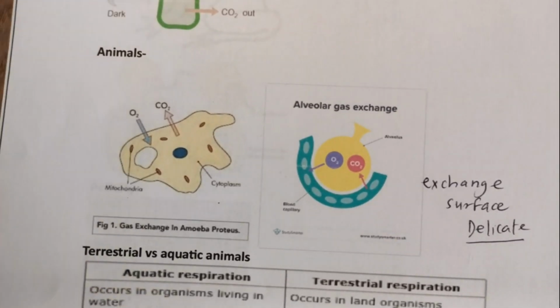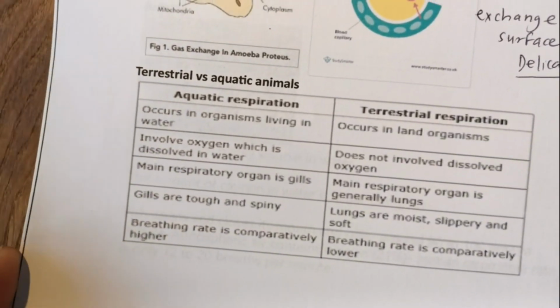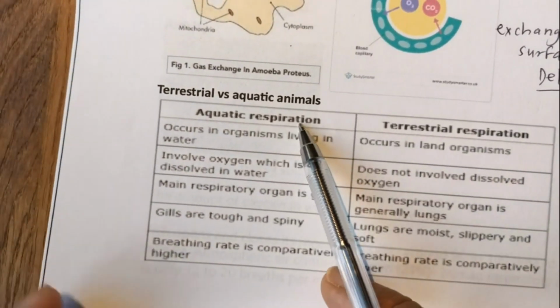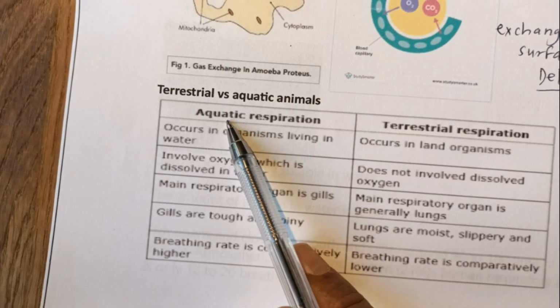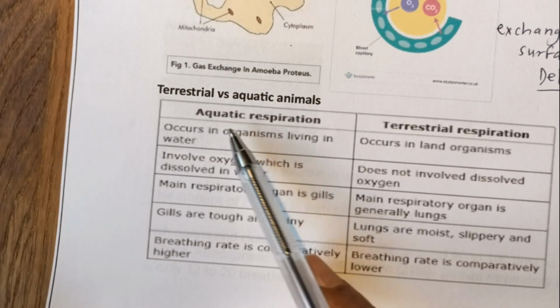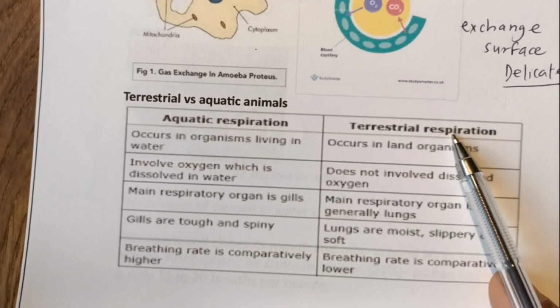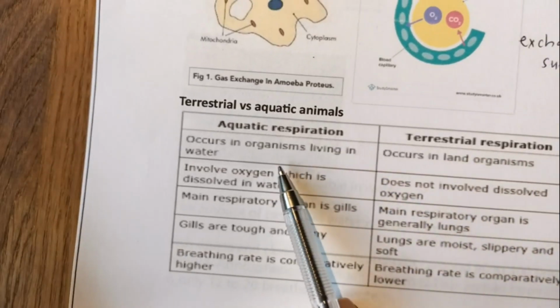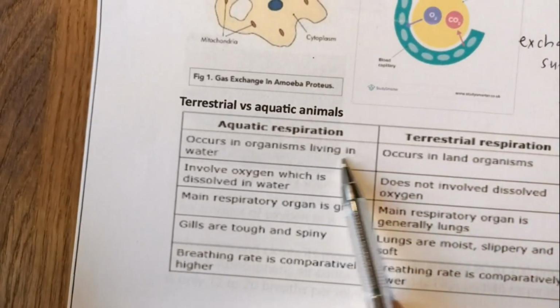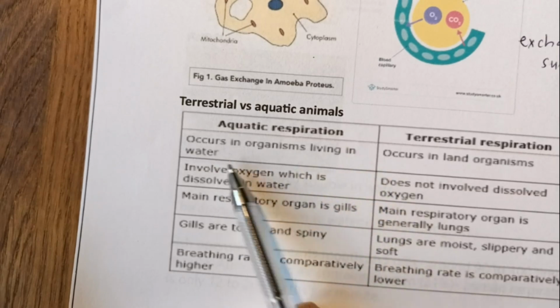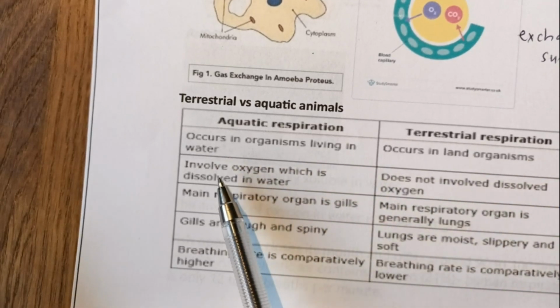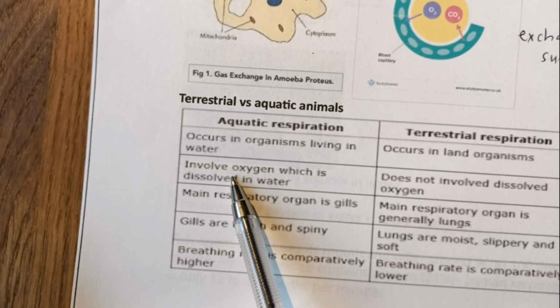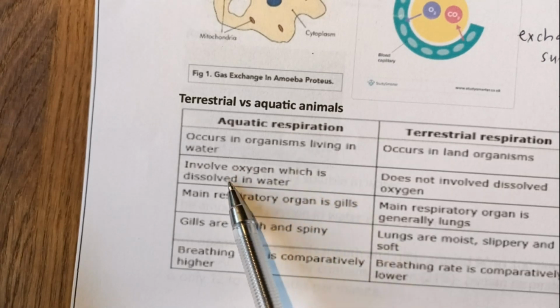Now there is a difference between the respiration that takes place in aquatic animals, that is those that live in the water, and terrestrial animals that live on the land. Aquatic respiration involves oxygen that is dissolved in water.